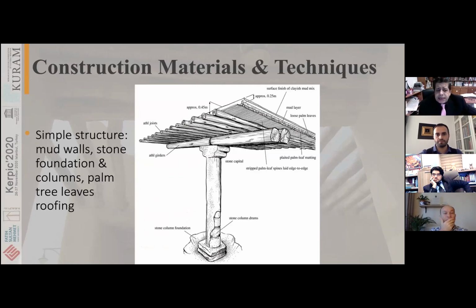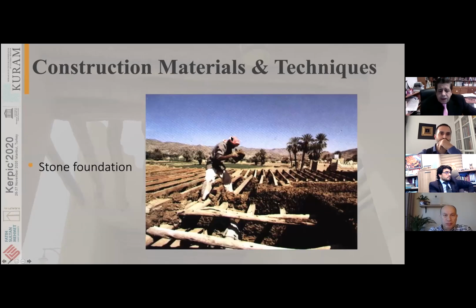Construction materials and techniques. The Najdi buildings feature simple structure, simply mud walls, stone foundations and columns, palm tree leaves, and trunks for beams and roofing. Stone is the foundation.